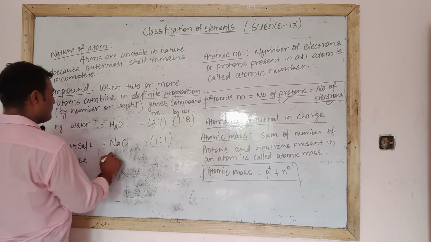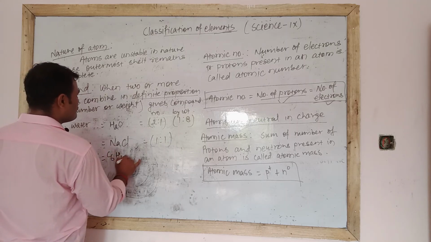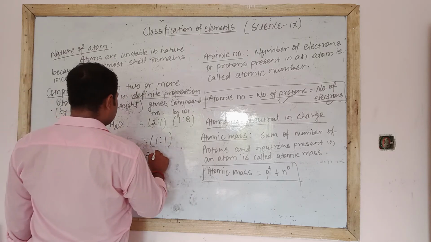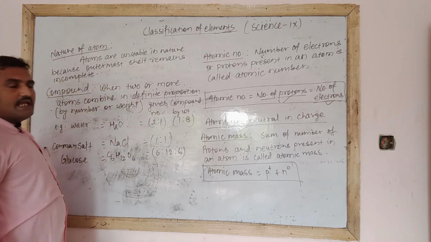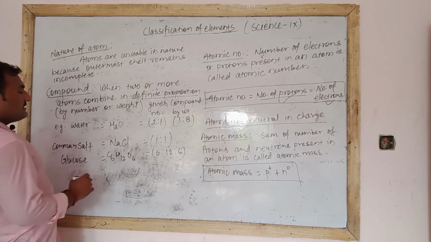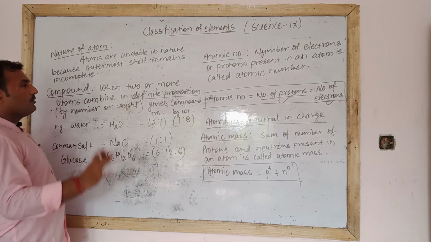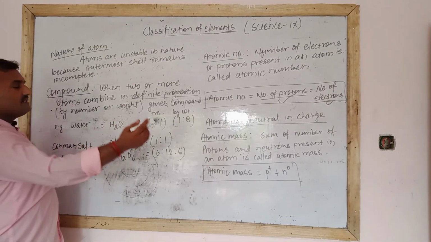Glucose is a compound represented by C6H12O6, with carbon, hydrogen and oxygen in a 6:12:6 ratio. In every compound that ratio remains the same.